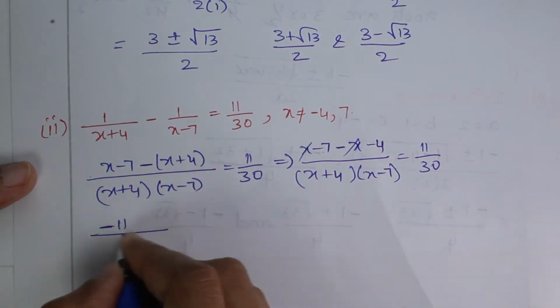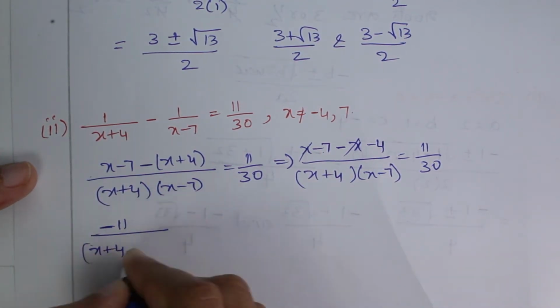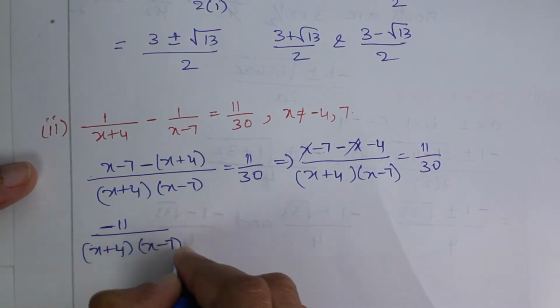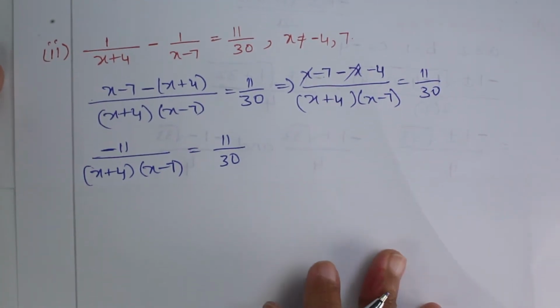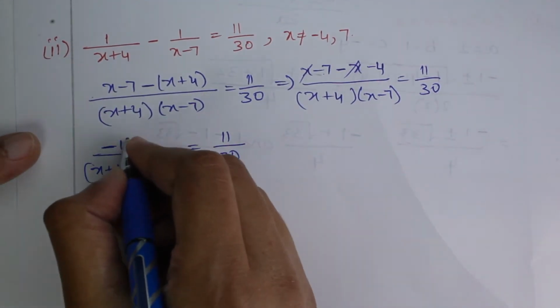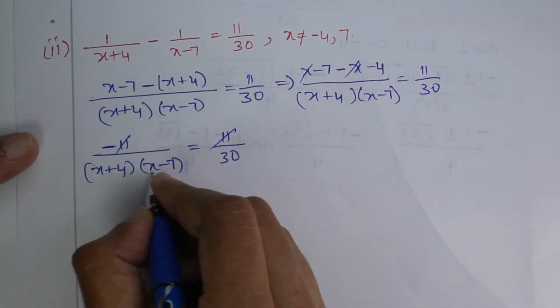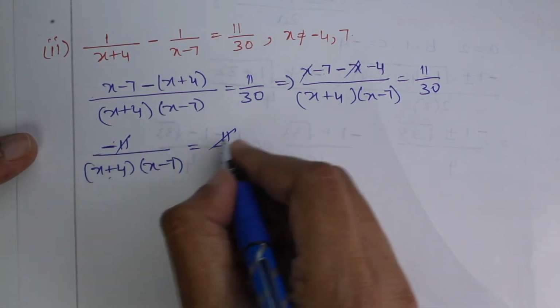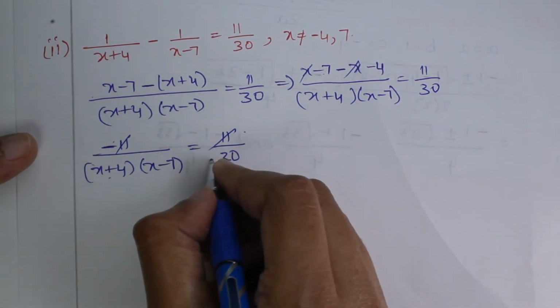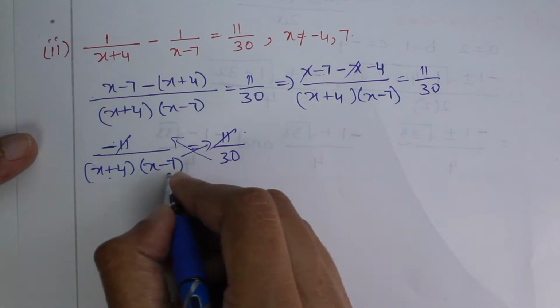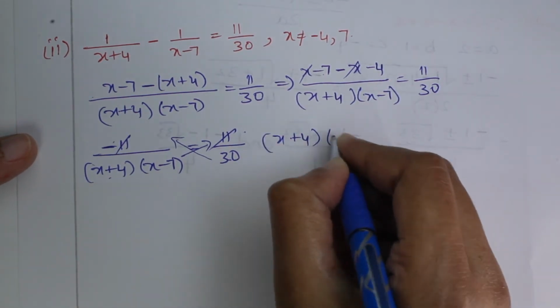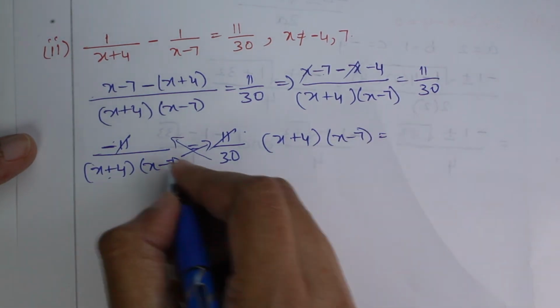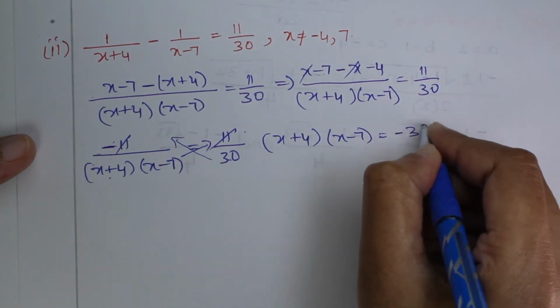Minus 11 by x plus 4 into x minus 7 is equal to 11 by 30. So 11 gets cancelled here. Now it becomes minus 30. So it goes to this side, and if we multiply it this way, it becomes x plus 4 into x minus 7 is equal to minus 30.